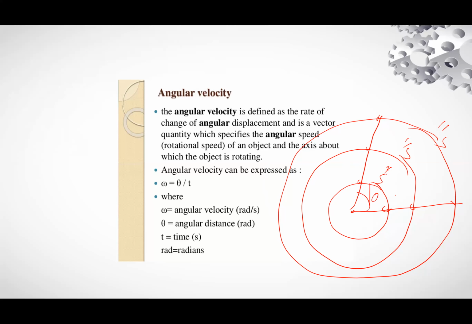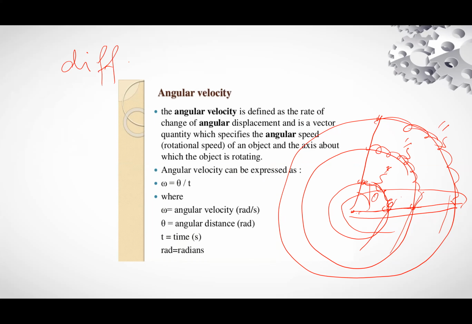Here is theta. So for this circle, angular displacement is the same. Here the angular displacement is the same. Here also the angular displacement is the same. So different points on different circles on the same line will have different linear displacement.